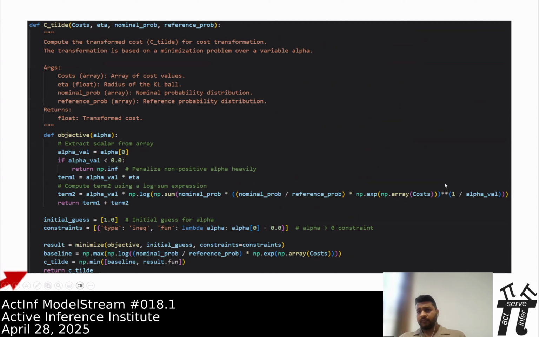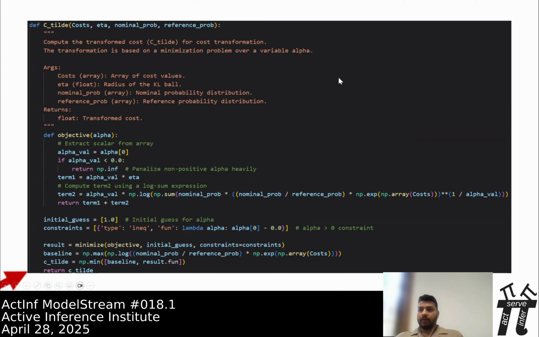This is the objective function that we want to minimize, and it depends on the parameter alpha, and it consists of two terms. First is the affine term in alpha, so alpha times the ambiguity radius eta, and the second term is alpha times the log sum exponential of the cost, raised to 1 over alpha.